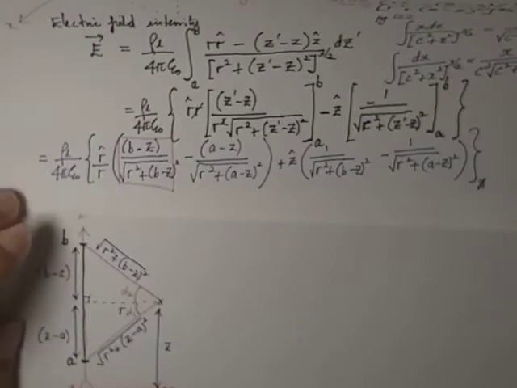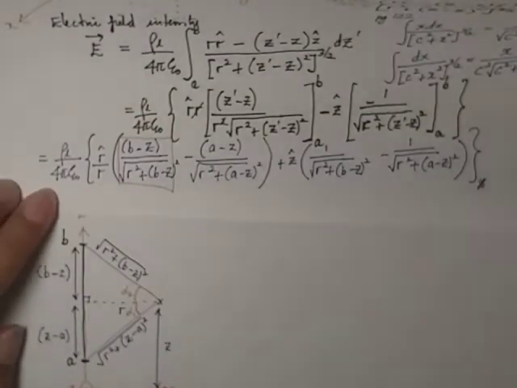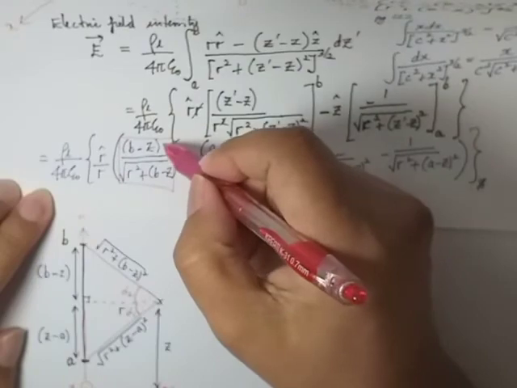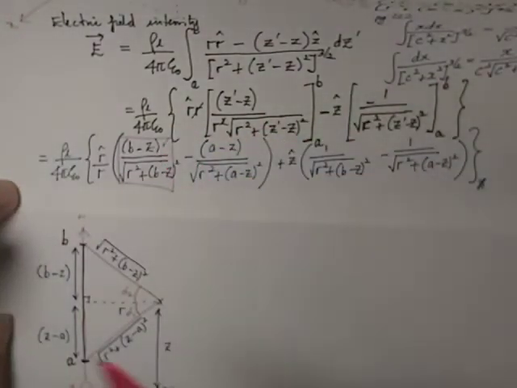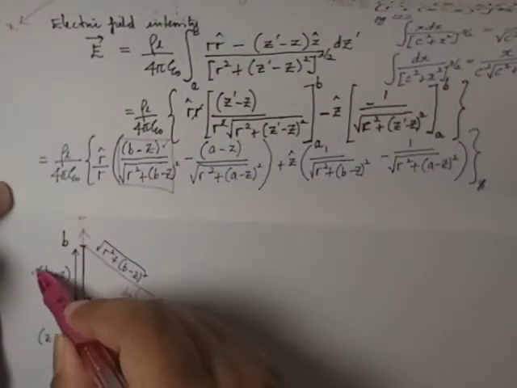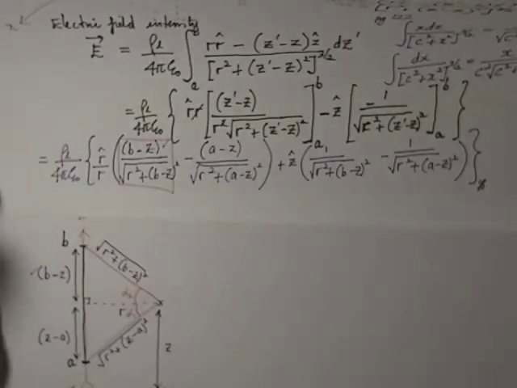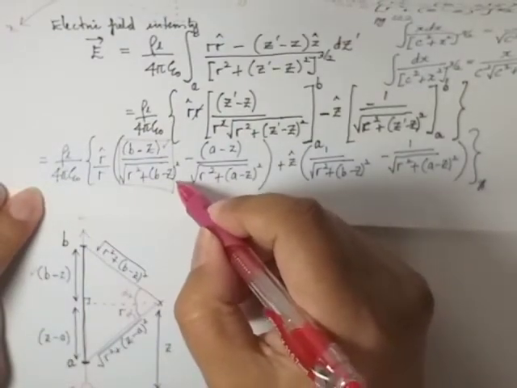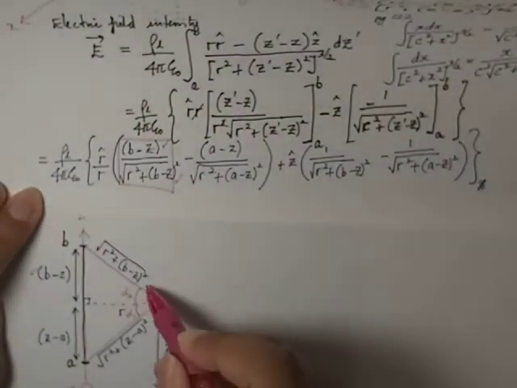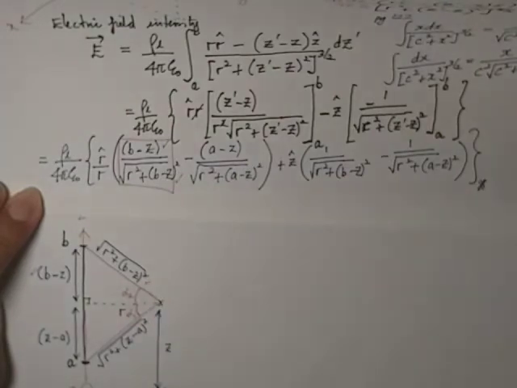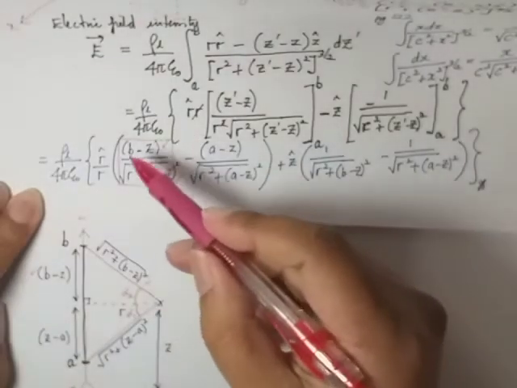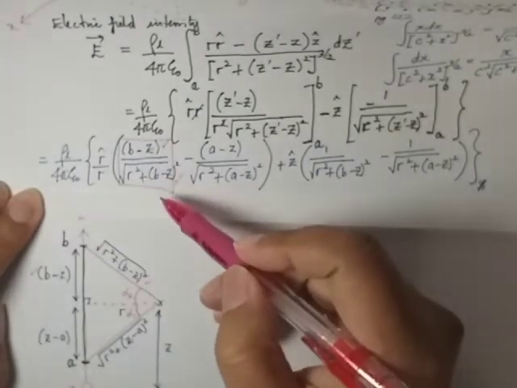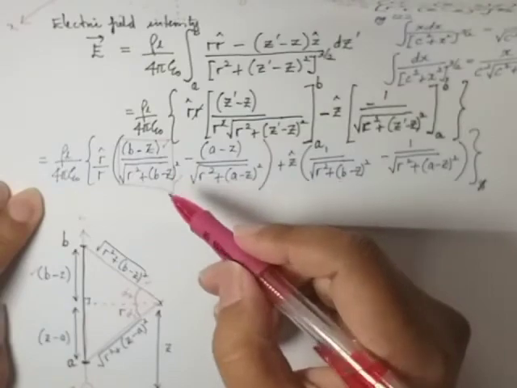So let's make that comparison now. I can see b minus z on the diagram is equal to this component of the triangle. And then the square root of r square plus b minus z square, I can see is this side of the triangle. Therefore, I can replace the lengthy equation with a very simple trigonometric equation.